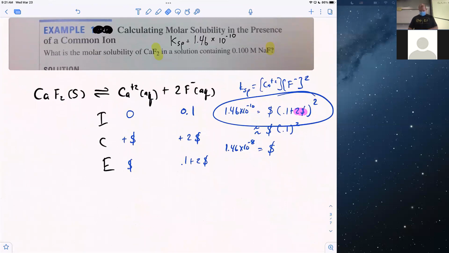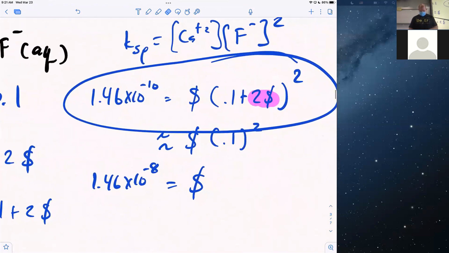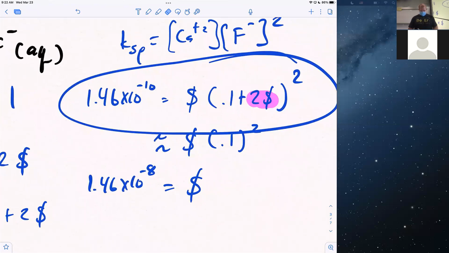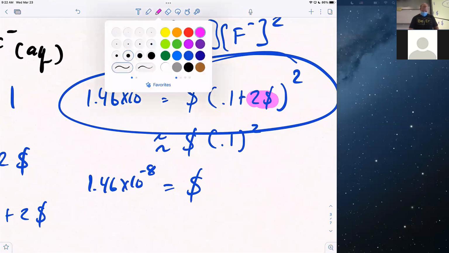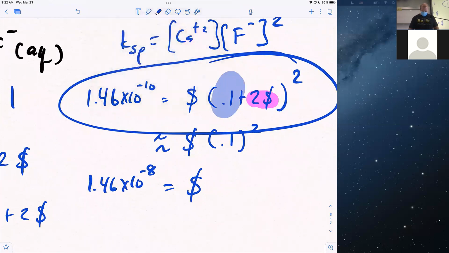So that's very small. And so when you compare the number 0.1, oops, change to a different color. I'll do blue. So that 0.1, when it's looking at an extent of reaction going forward, that's going to be in the factor of a billionth.